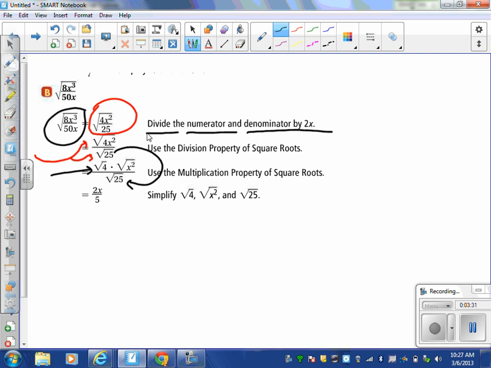So we are left with the square root of 4 times the square root of x squared over the square root of 25.